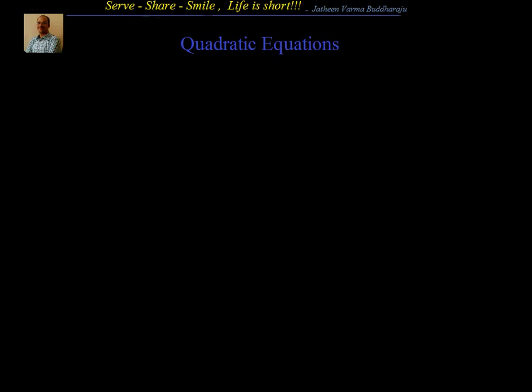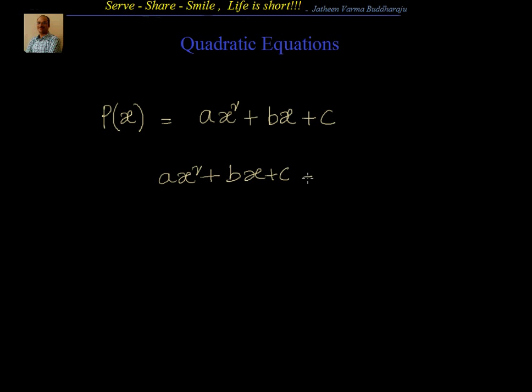We know that last year we learned about quadratic polynomials, and we represent a quadratic polynomial by p of x, a variable in x, given by ax square plus bx plus c. This is a quadratic polynomial. Now you take this polynomial and equate it to 0, by saying ax square plus bx plus c equal to 0, then this equation is called a quadratic equation in standard form.